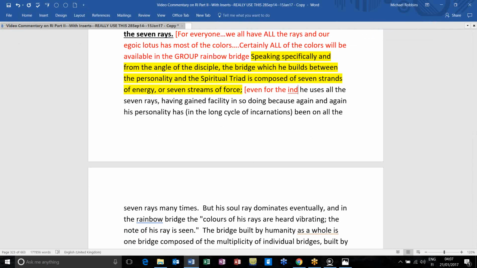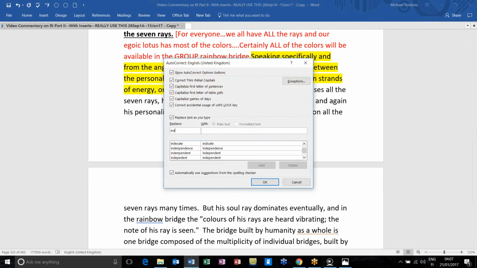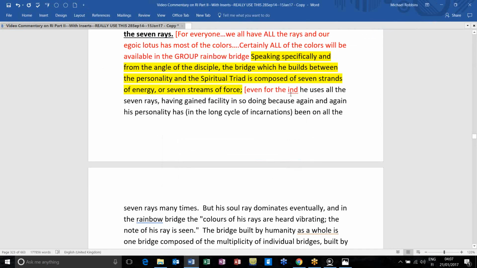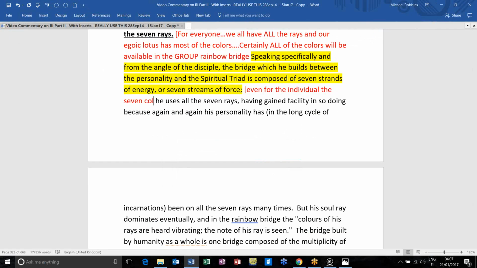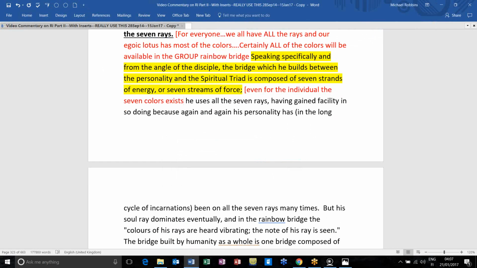Yeah, IND. I think that's an important one, don't you? Let's put it in. Even for the individual, the 7 colors exist. He uses all the rays, having gained facility in so doing, because again and again, his personality in the long cycle of incarnation has been on all the 7 rays many times.